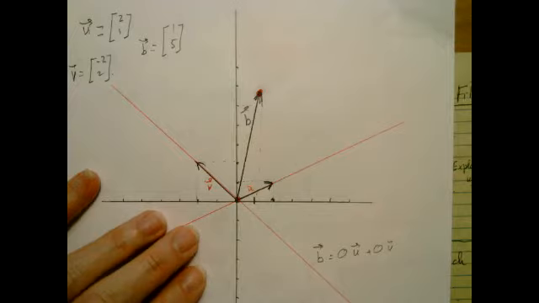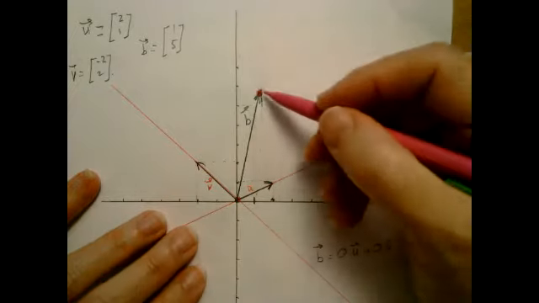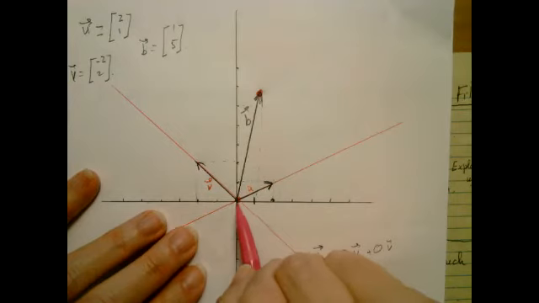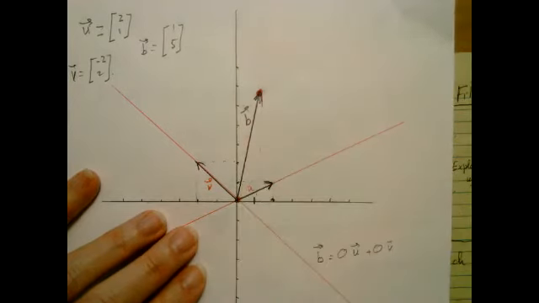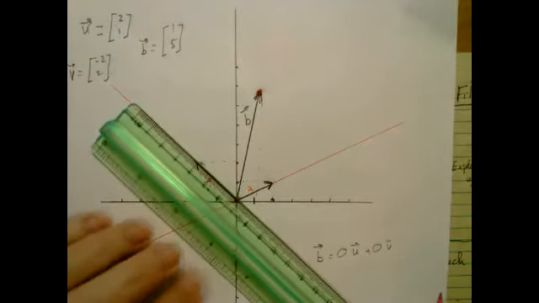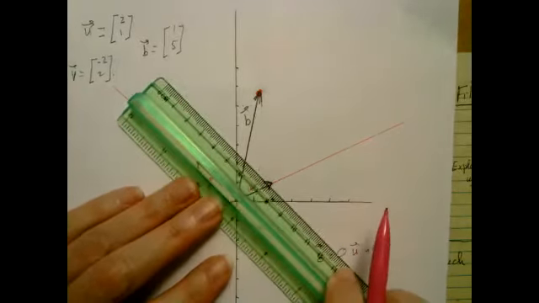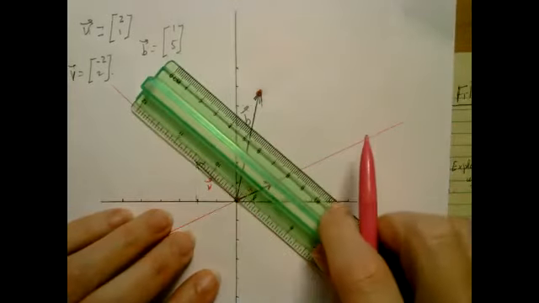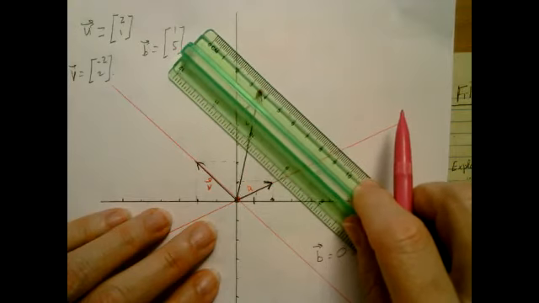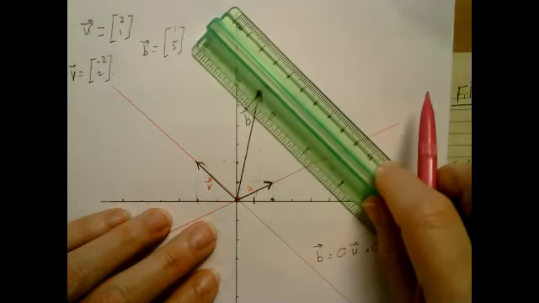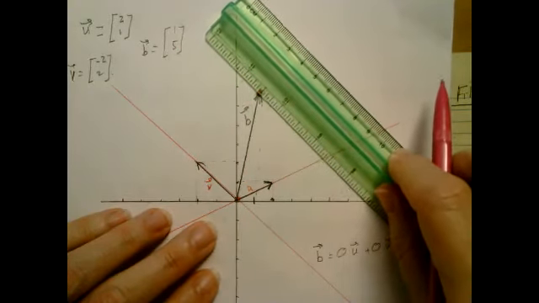Pure geometry. Imagine you have 2 roads. You want to get here. Can you go only in the direction of U and the direction of V to get to the point B? Absolutely, yes. This is U, so I'm going to go like this. This is my V parallel. I'm going to start moving parallel to V, a little bit more, right there.